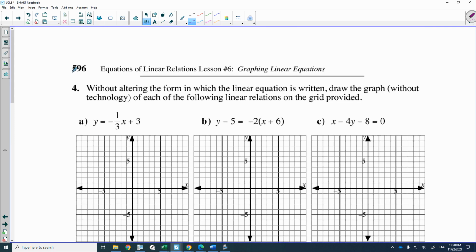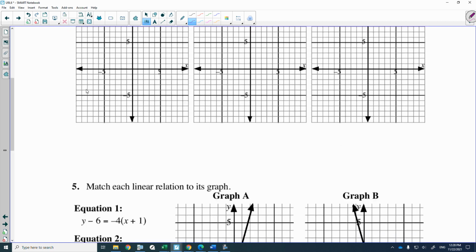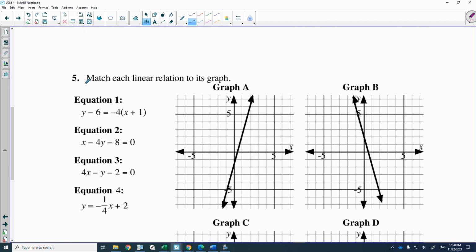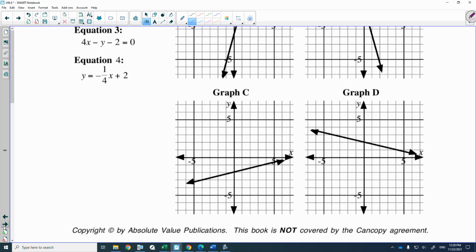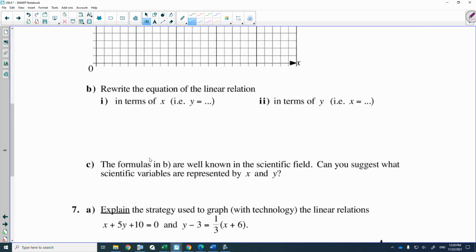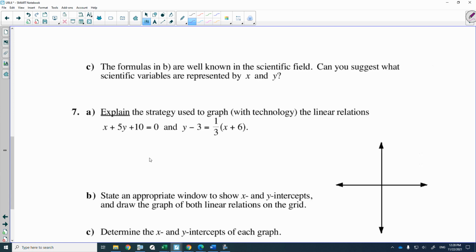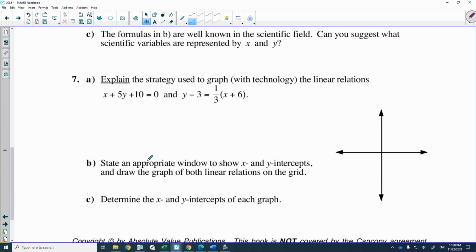So this is what we did, remember? 5, we did this, matching. And I think I only had 1, not 6. 7, circle. Cross out B.